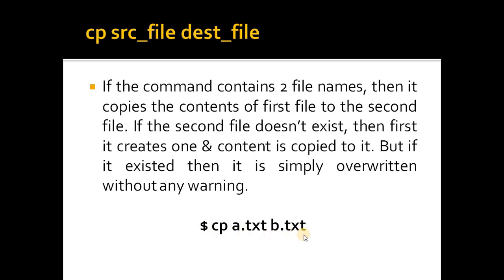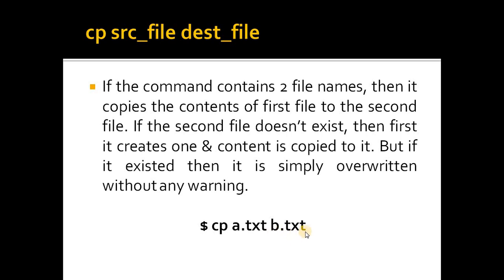cp a.txt b.txt. a.txt is the source file and b.txt is the destination file. When you execute this command, the contents of this file will get copied to this file. If this file does not exist, it will create b.txt and then copy the contents of a.txt into it.